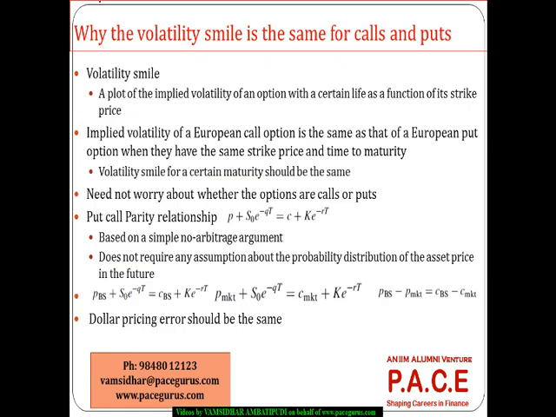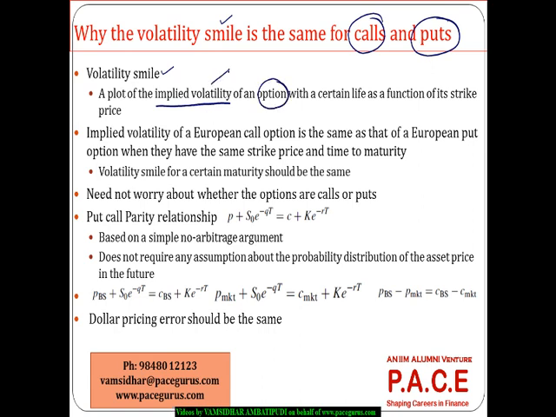First of all, a quick attempt to understand what a volatility smile is, and then we'll see why this volatility smile is the same for call options as well as put options. So here I am trying to plot the implied volatility of an option.